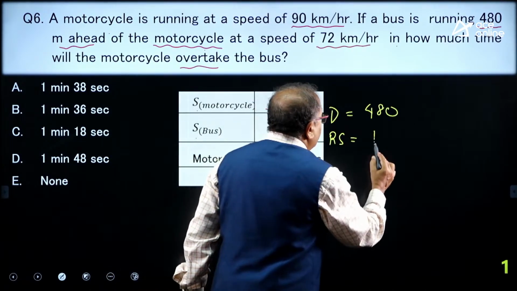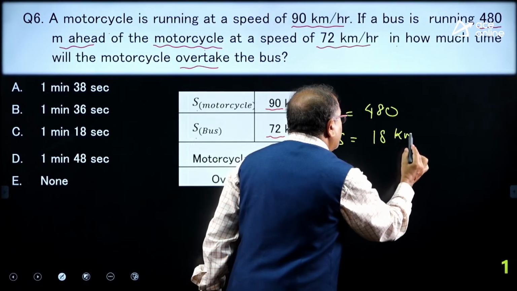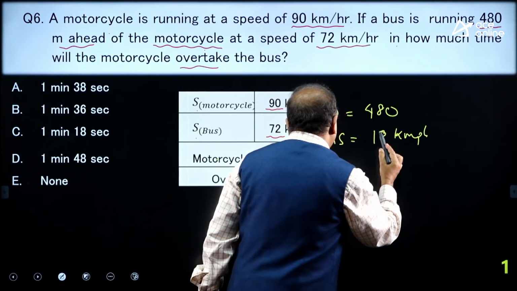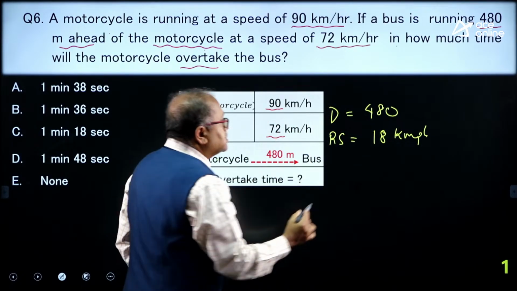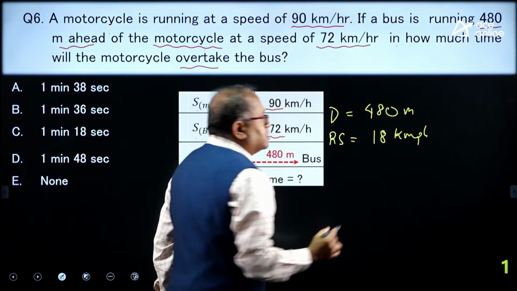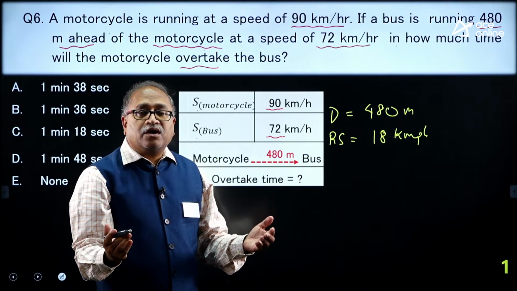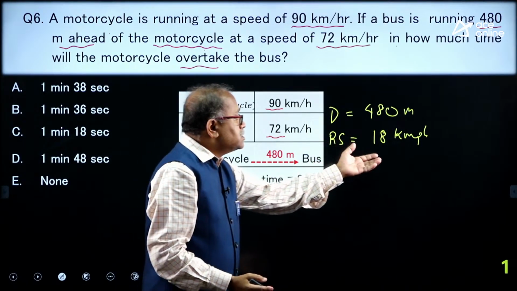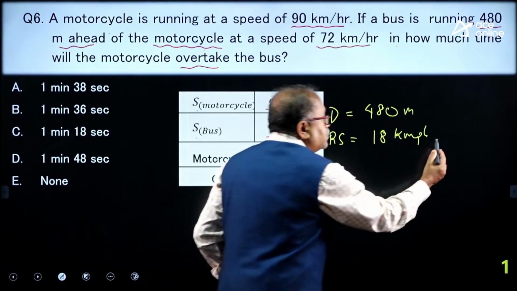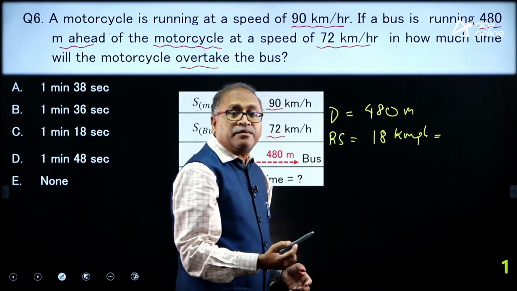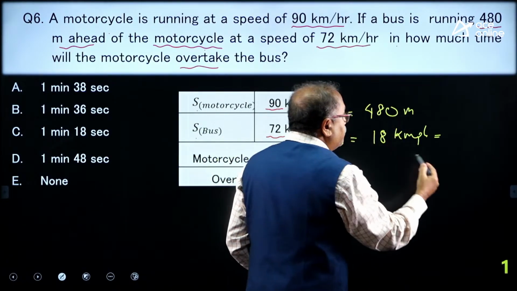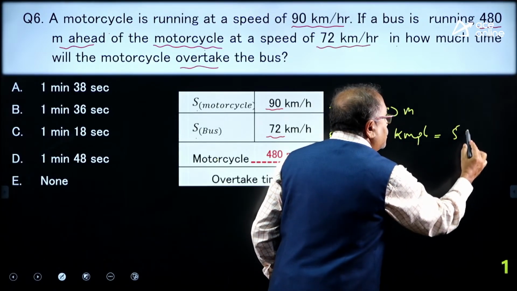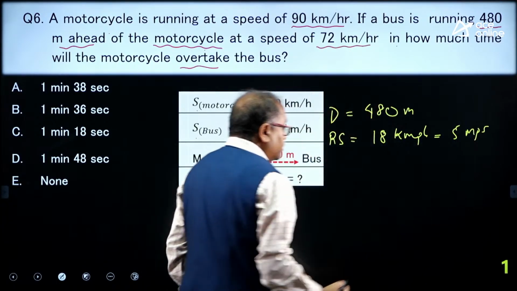My relative speed is 18 kilometer per hour, but look at the unit over here. This is meters, right? So, you can find out how much time it will take. Convert this 18 kilometer per hour, which will be how many meter per second? So, that is 18 times 5 by 18, which is nothing but 5 meter per second.